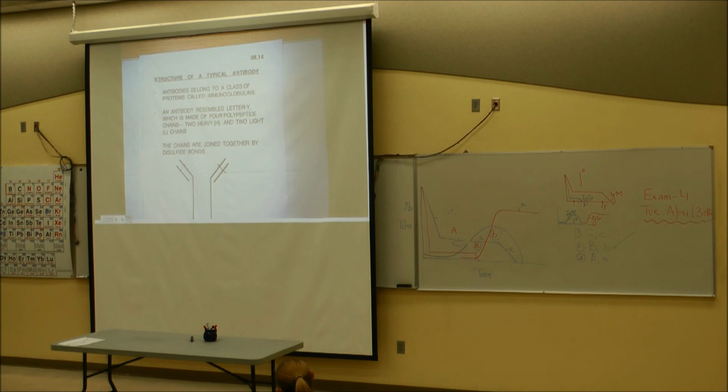They all look like a letter Y, and they're made up of 4 polypeptide chains. 2 of them are heavy and 2 of them are light. I'm going to draw my own diagram. This is a bad diagram. These 4 chains are linked by disulfide bonds.